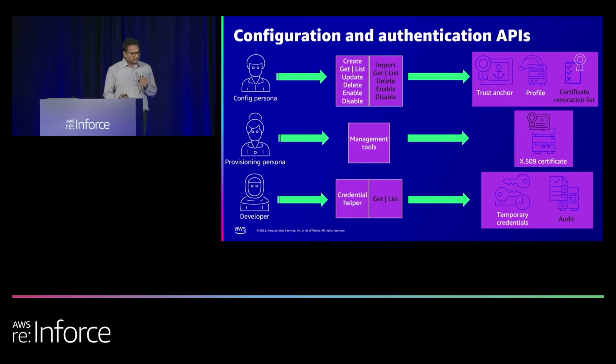Once that step is done, the developer persona or the application running on the workloads can request temporary AWS credentials. So IAM Roles Anywhere has published a Credential Helper. This is a tool that does the heavy lifting of certificate parsing, using the new signing specification and generating the signature.